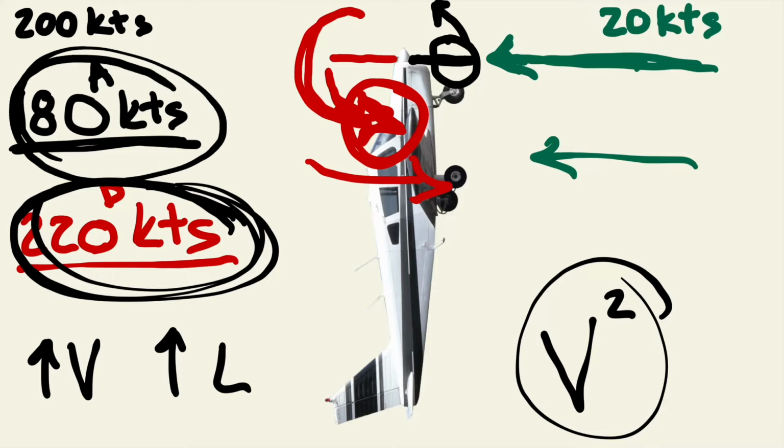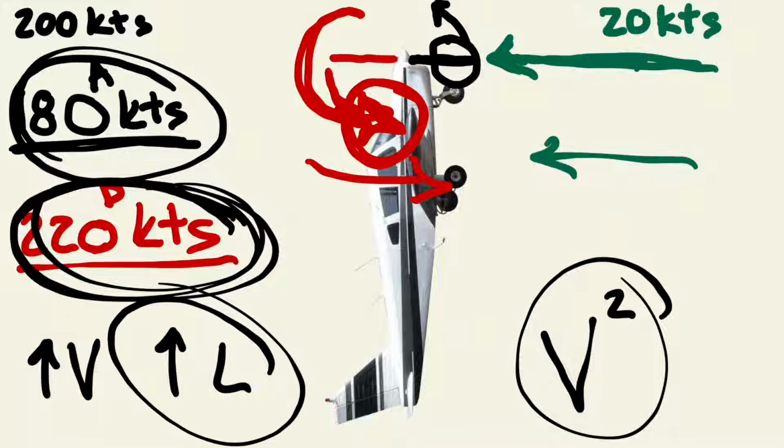Since that's the case, what's that going to do for us? That's going to give us more lift, and that's going to create our asymmetric thrust. That's what the bigger bite is. That's what the PHAK means when they say bigger bite.